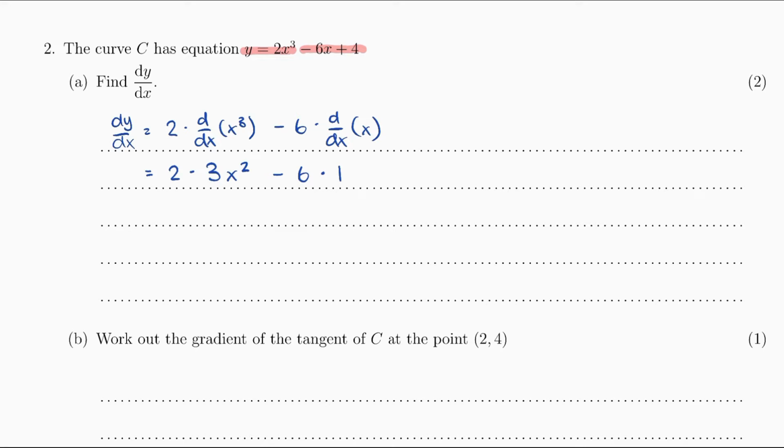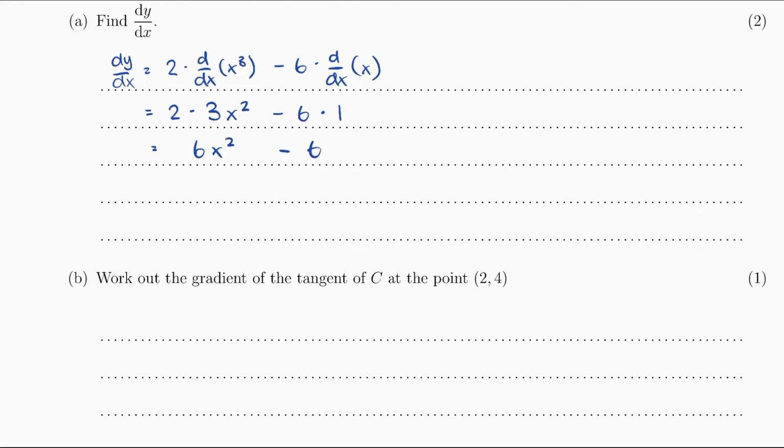So from x to the power 1, we go down to x to the power 0, and x to the power 0 is 1. So therefore, we have 2 times 3x squared, so we have 6x squared, minus 6 times 1, which is negative 6. So therefore, dy over dx of y equals 2x cubed minus 6x plus 4 is 6x squared minus 6.